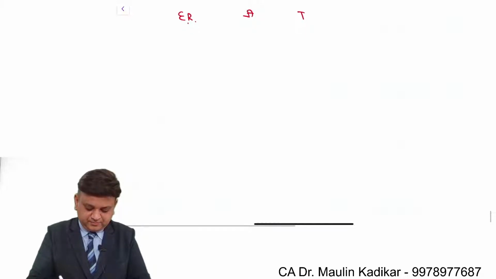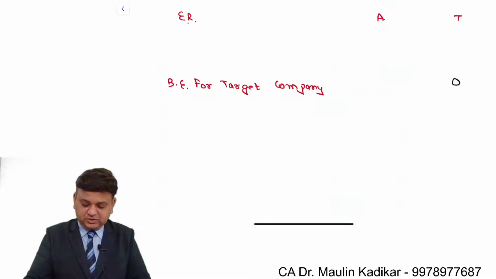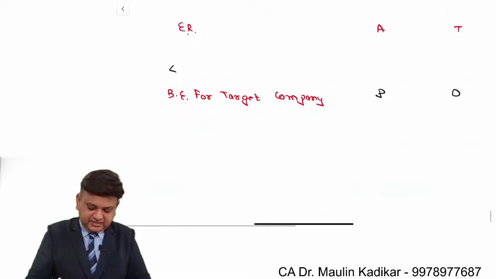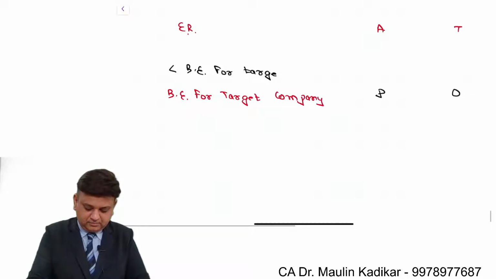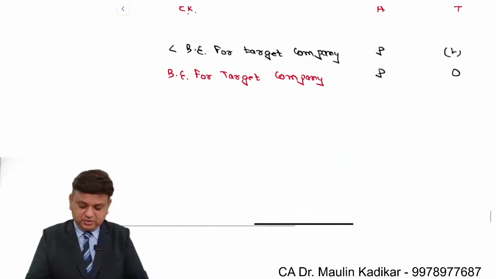Exchange ratio at break even for target company: then for target company, no profit, no loss, and acquiring company will have profit. Less than break even for target company: there is a profit over here and there is a loss over here.